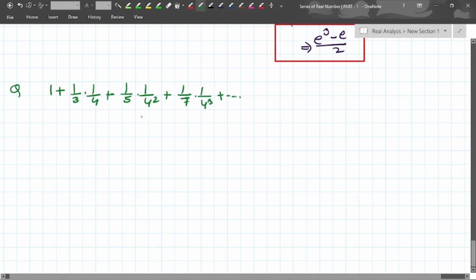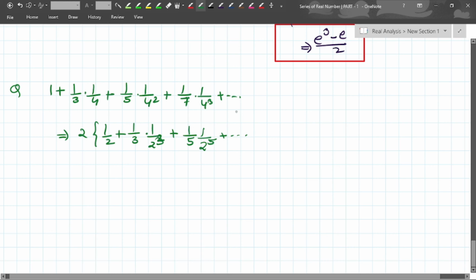Can I write this question in the form of this? I will just divide and multiply by 2. This is 1 by 2, this is 1 by 3 into 1 by 2 power 2, and this is 1 by 5. I have taken 2, so this is nothing but 1 by 2 power 3, because I am multiplying and dividing with this, and this is 2 power 5.